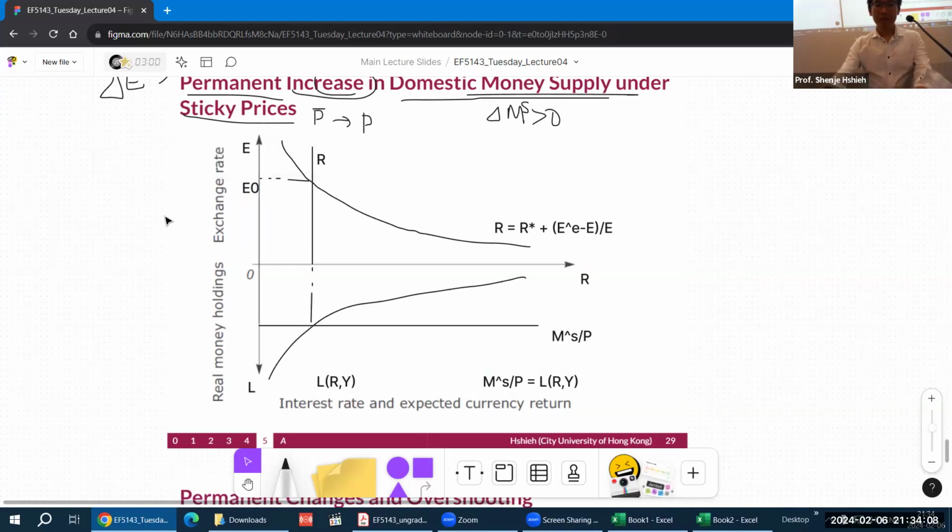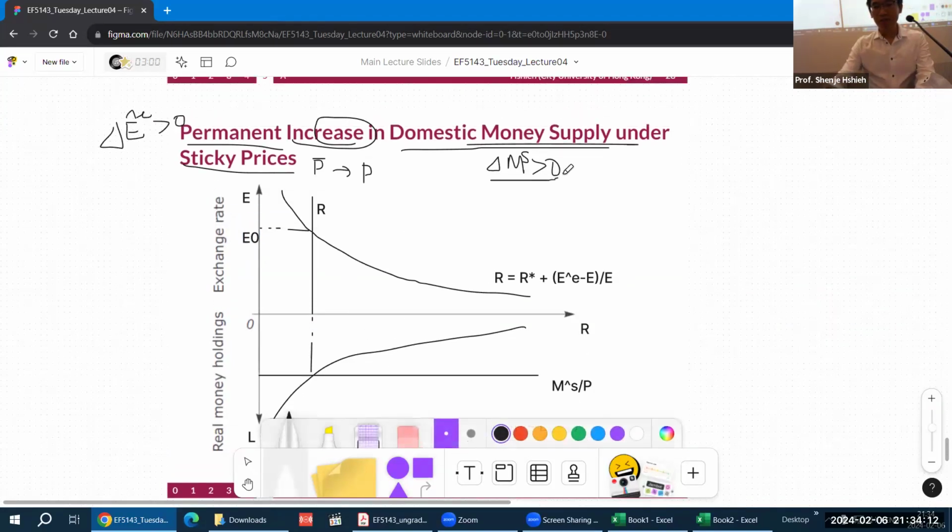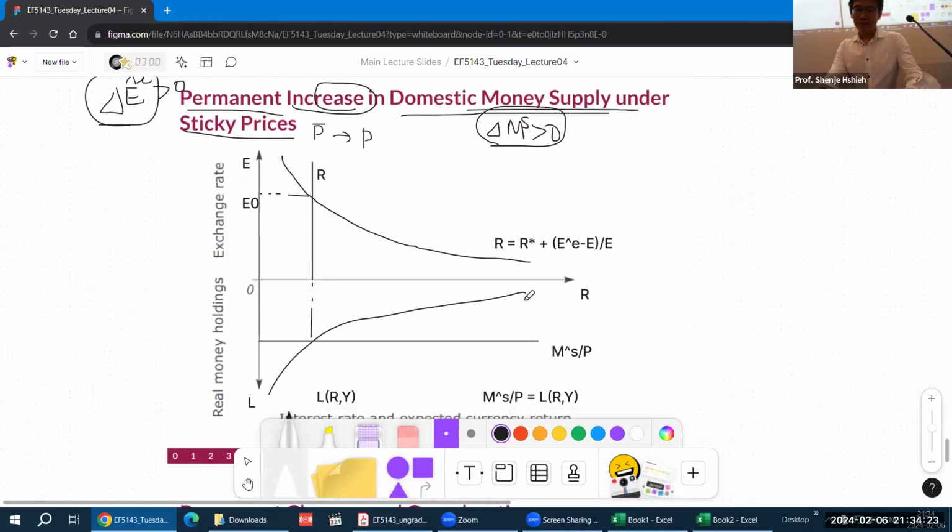Now let's analyze this in two parts because we have two things changing. We have this changing and we have this changing, right? So let's perhaps do the obvious. We know what a change in money supply looks like. It's a downward shift of this curve away from the origin.